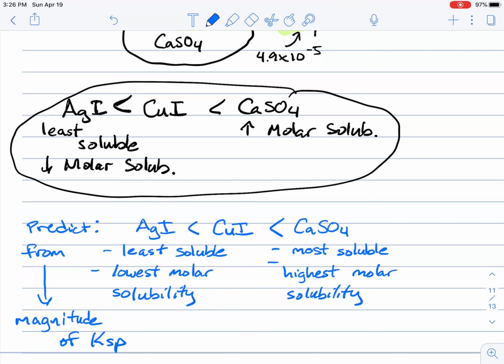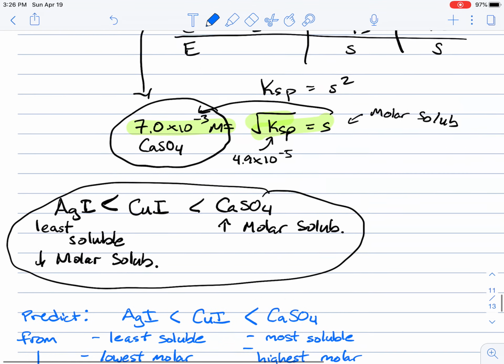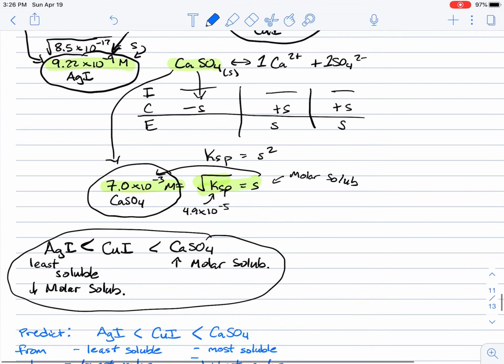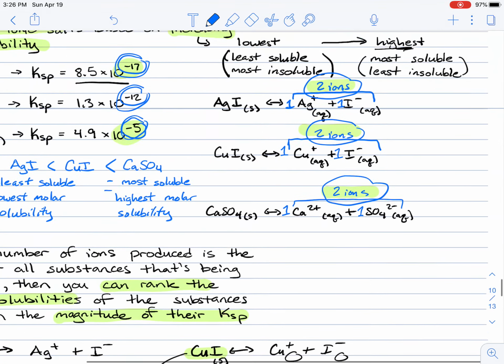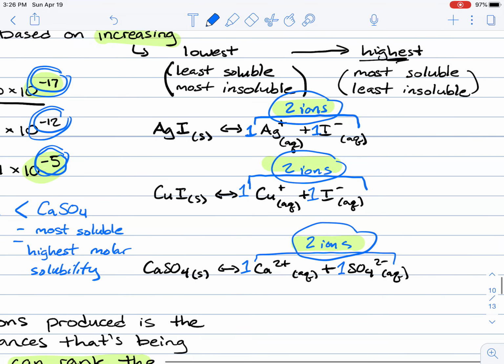But you can only use the KSP to rank the molar solubilities if and only if the number of ions being produced by each of those substances is the same. So 2 ions, 2 ions, 2 ions. Now it doesn't have to be 2, 2, 2. It can be 3, 3, 3, 4, 4, 4. But the main point is that it has to produce the same number of ions amongst all of them.